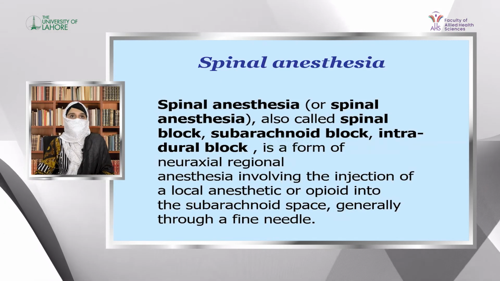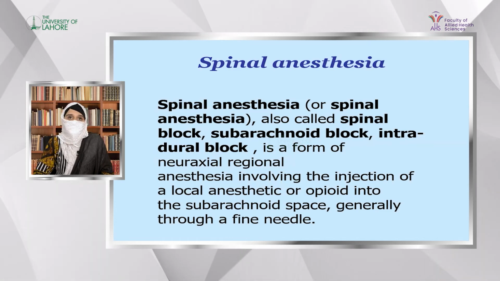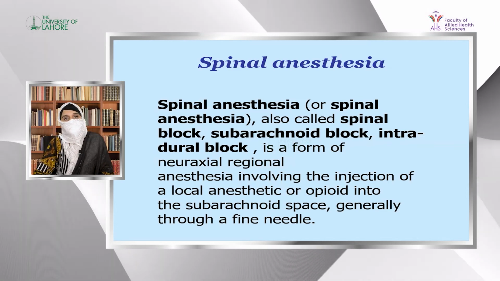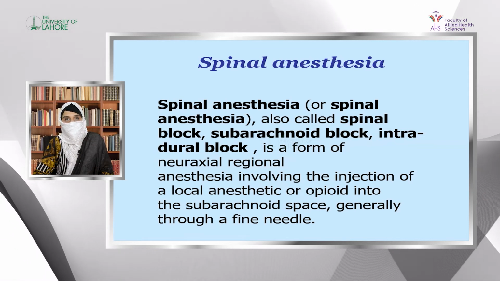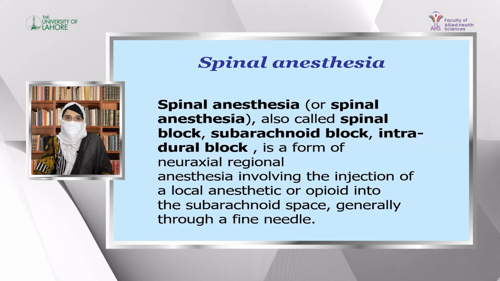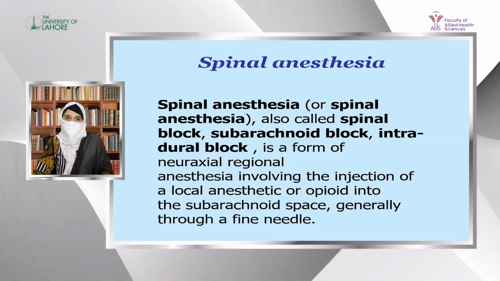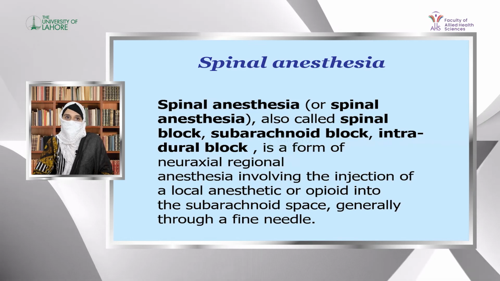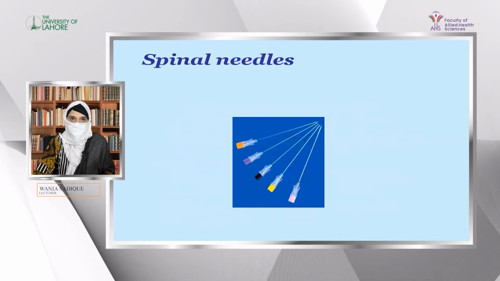Next, we have the third type of anesthesia, that is spinal anesthesia. Spinal anesthesia, also called spinal block, subarachnoid block, and intradural block, is a form of neuroaxial regional anesthesia involving the injection of a local anesthetic into the subarachnoid space, usually through a fine needle.